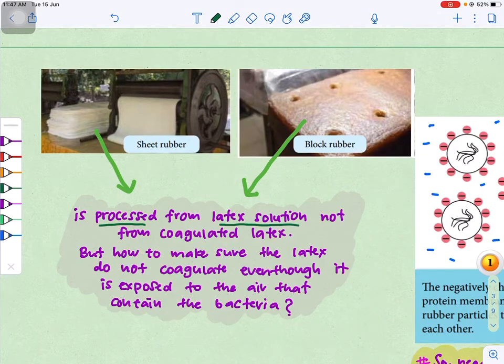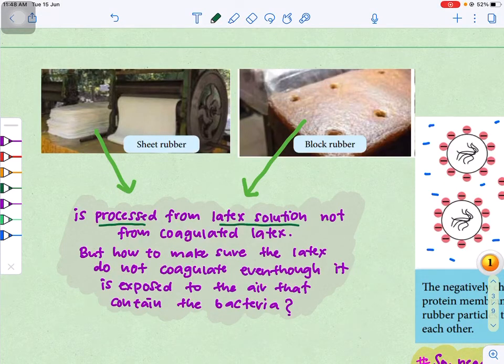If we leave overnight, we do nothing, for sure we don't have the latex solution. Apa yang kita akan dapat, we will get the latex that already coagulated. Tapi what we need is the latex in the form of solution, because certain product dia datang daripada latex solution. Dia tukar jadi sheet rubber dulu.